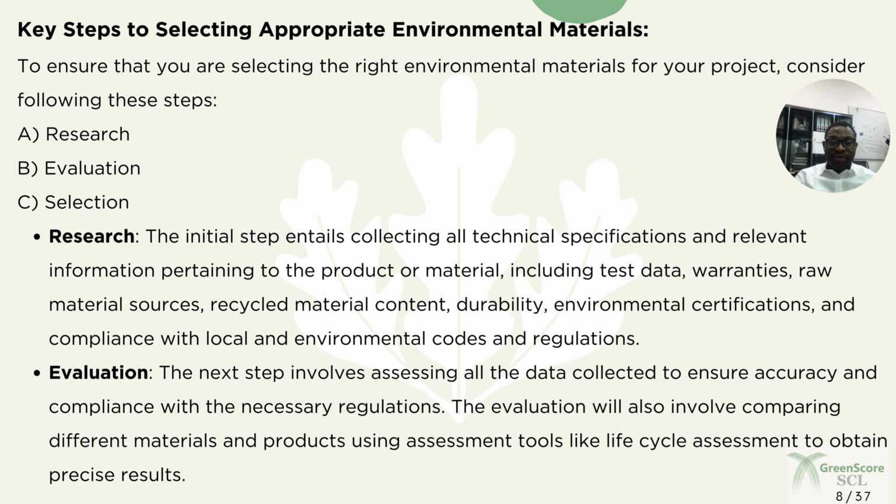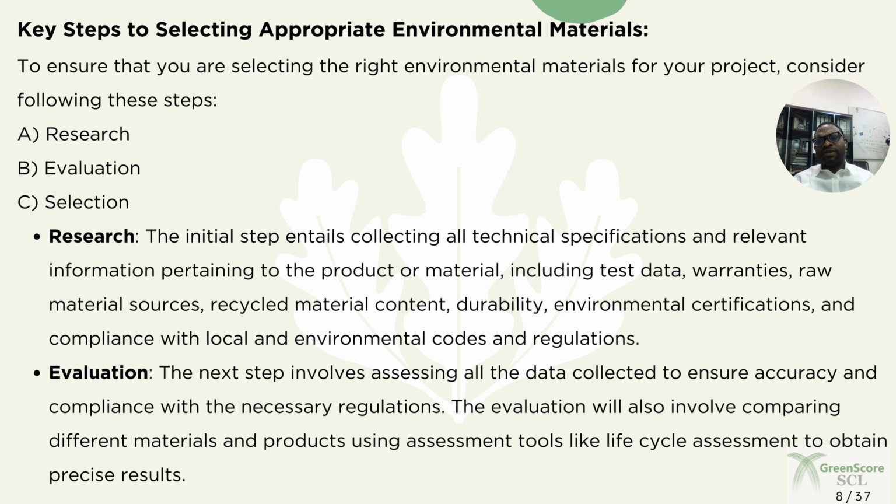Now, don't forget, the idea is we are trying to ensure that sustainable materials or environmentally friendly materials are engaged for our projects. And then we are saying you must identify them first. And in identifying them, there are things to look out for, and those are some of the things I mentioned here.